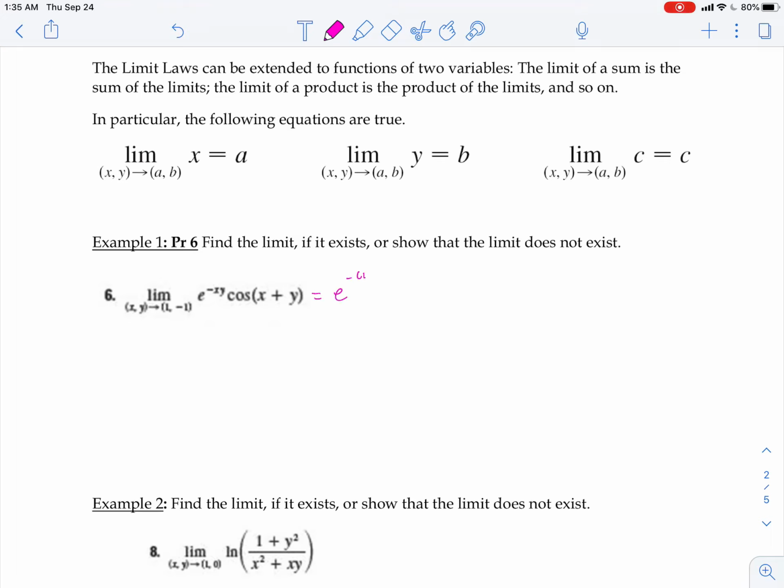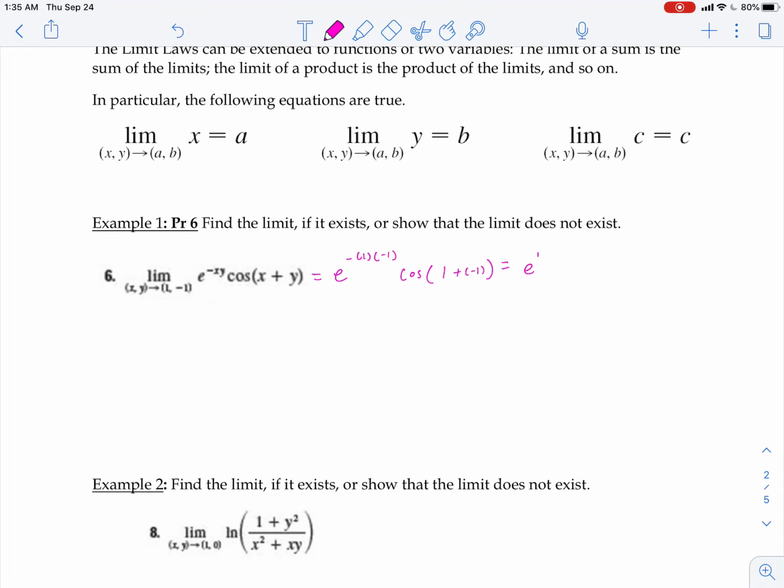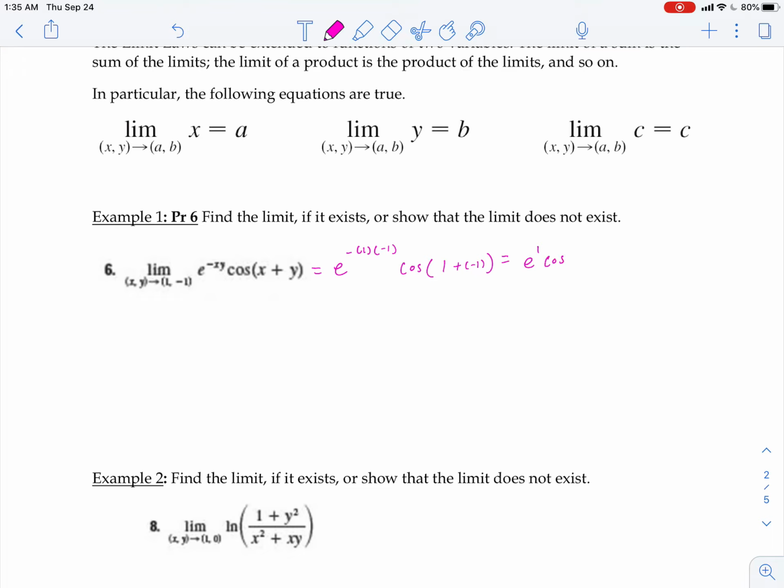We have e to the negative 1 times negative 1, cosine of 1 plus negative 1. That's just going to give me e to the first power times cosine of 0. e to the first power is just e, and cosine of 0 is just 1. And so here we go, our limit does exist, and it is e.